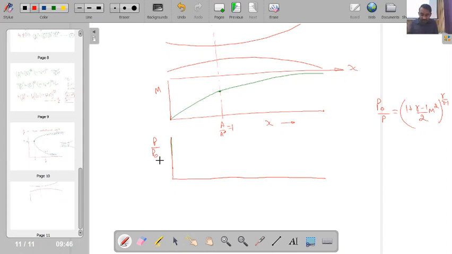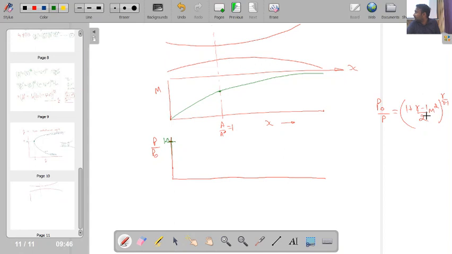So the ratio of P by P naught at the inlet will be equal to 1, because at the inlet our pressure is nothing but equal to the stagnation pressure. But when I move downstream from the inlet point, what will be happening? This Mach number is actually increasing.